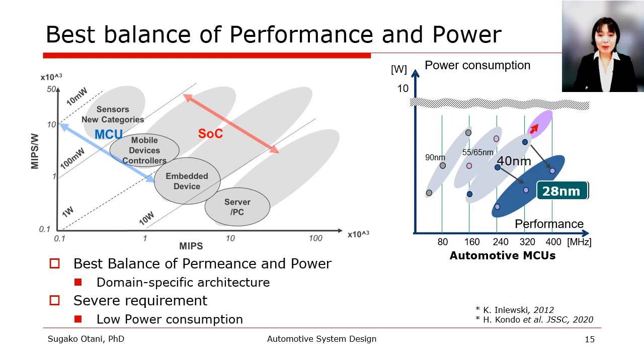To achieve both low power consumption and high performance, domain-specific development is important. The balance point of application depends on the field. MCU and SoC selection itself is a domain-specific development. It is the architect's work to make the best design selection according to each application.